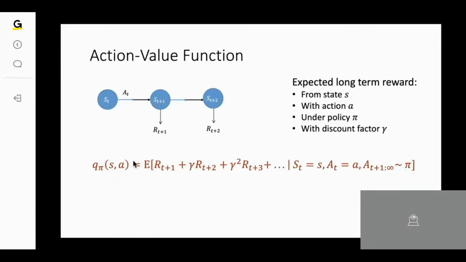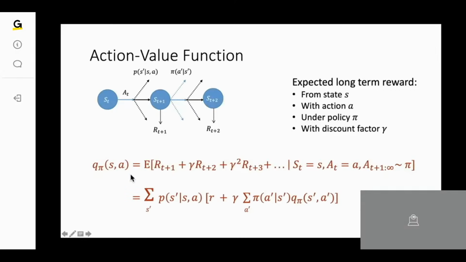Now, this expectation can be expanded by looking at this figure here. We have a state S_t, and the agent takes an action A_t, two of which are fixed. Now, at this point, this is not in the agent's control, the agent can land in one of many next states.